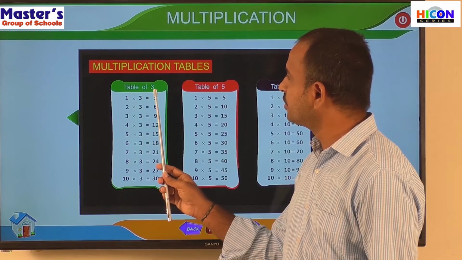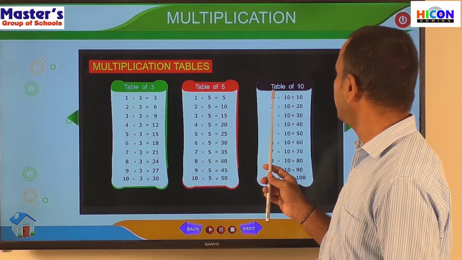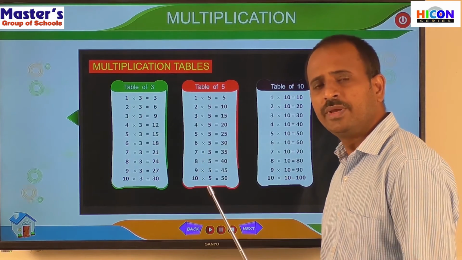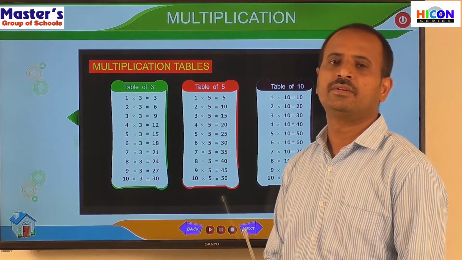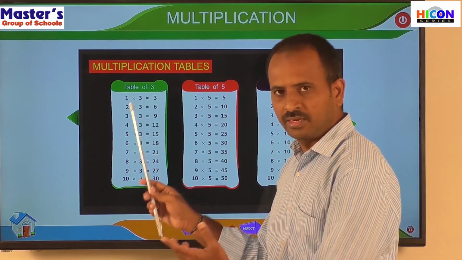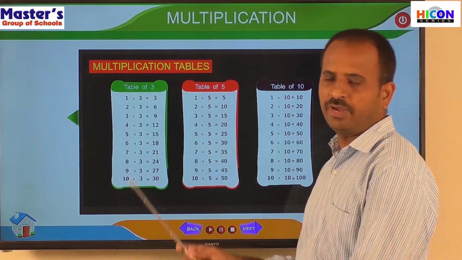The first one is the table of 3. This is the table of 5. And this is the table of 10. So children, what is a table? Table means multiplication here. Table of 3 means multiplication by 3. Table of 5 means multiplication by 5.